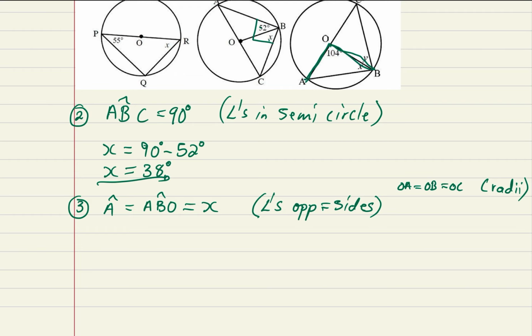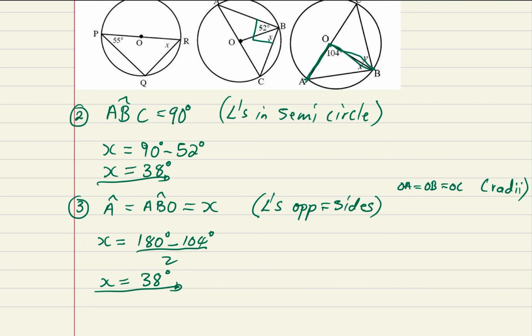Hence we can now say x is equal to 180 degrees minus 104, then we divide that answer by 2 because we are now dealing with an isosceles triangle. So we have 76, and 76 divided by 2 gives 38 degrees as our answer. That is how we do it.